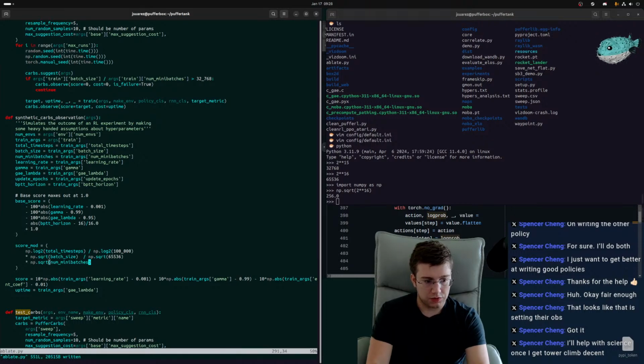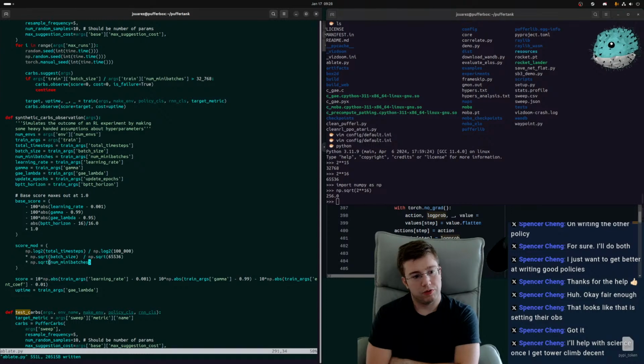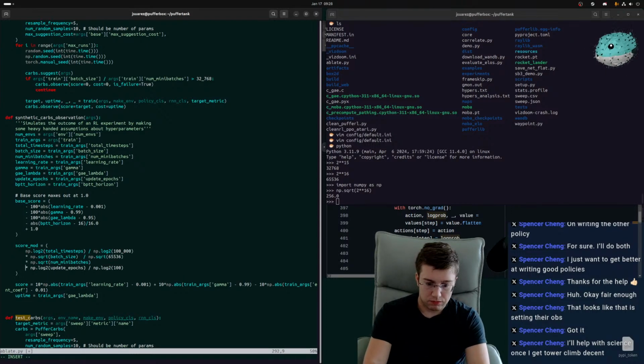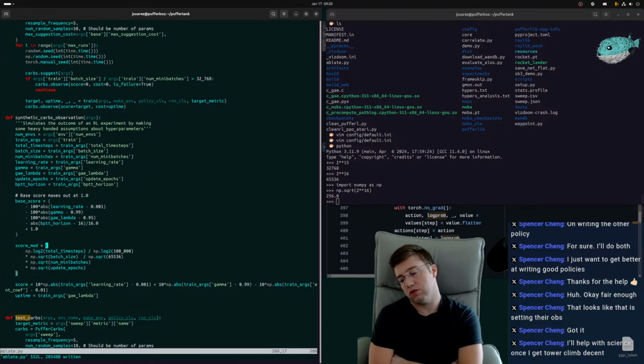Update epochs. What do we treat this as? Same thing, probably. Update epochs. And then the only thing I haven't accounted for is num envs. Do I model this in here?